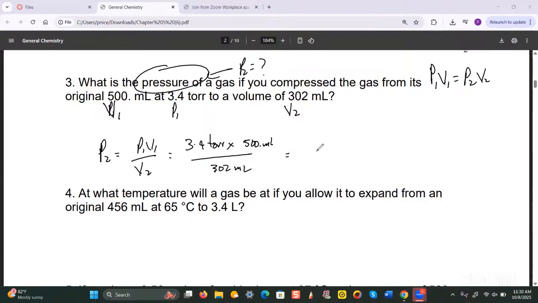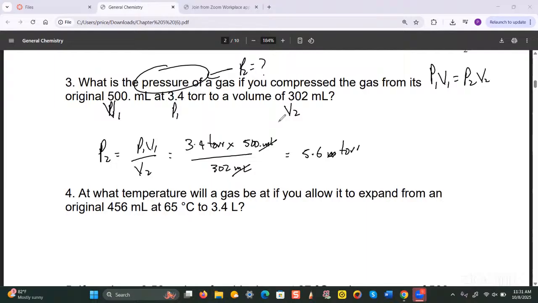According to my calculation, when rounded off to 2 sig figs, the answer becomes 5.6 torr, because the milliliter units will cancel out. And that's it as far as number 3 is concerned, all right?